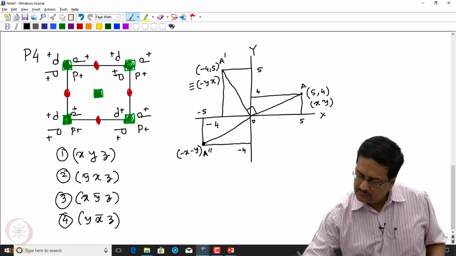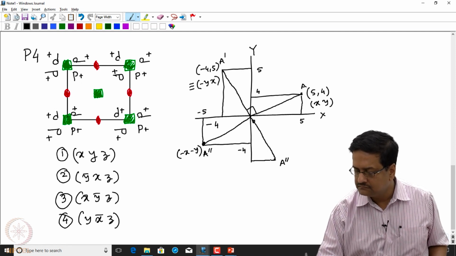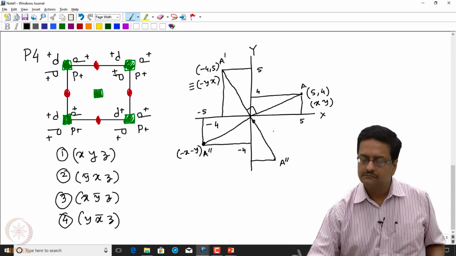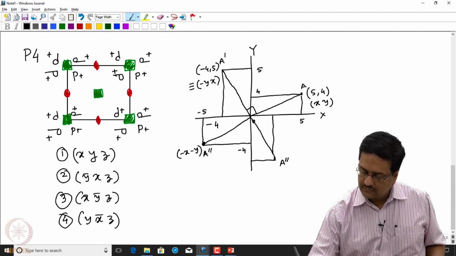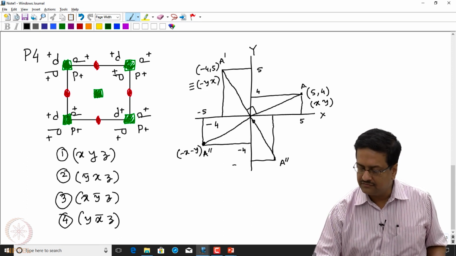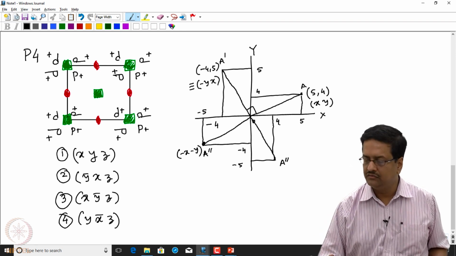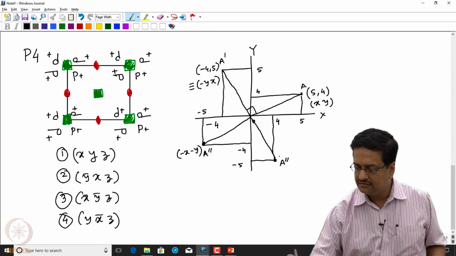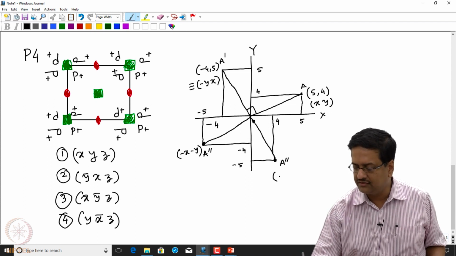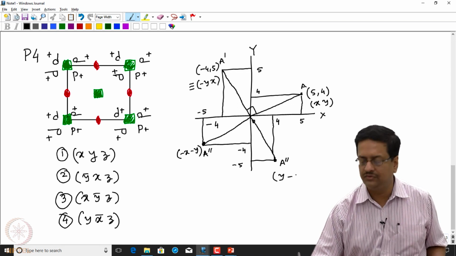Now if I do another 90 degrees and the point comes here at A triple prime, this point becomes minus 5 and that point becomes plus 4, which means the x coordinate is y, which is 4, and the y coordinate is minus 5, which is minus x.